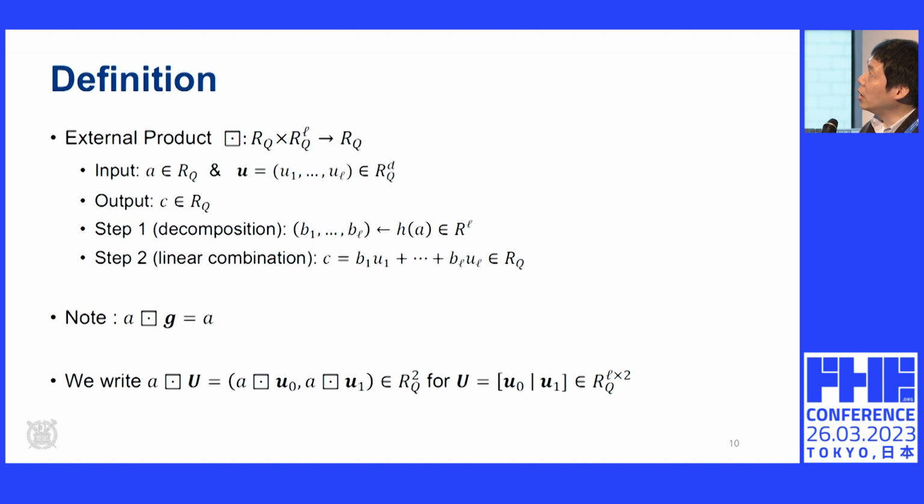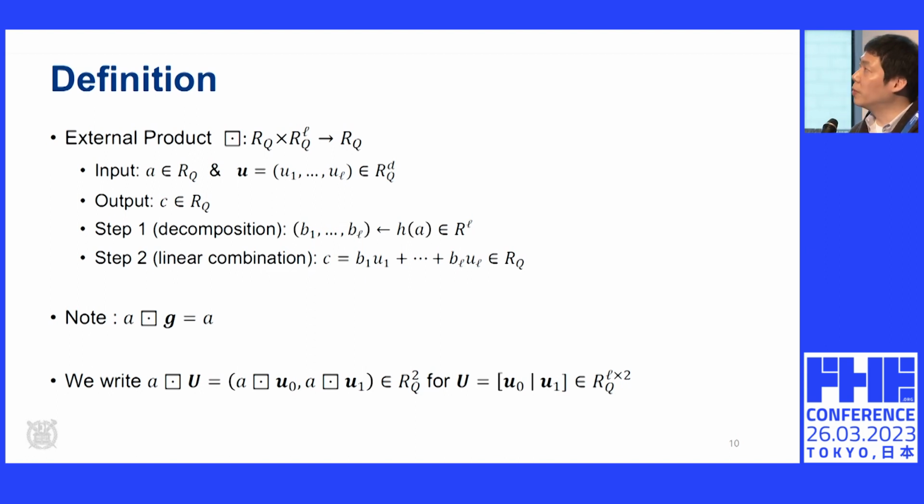We have one input A, which is often a ciphertext component in R_Q, and U, which is usually a vector of polynomials mod Q, often part of some evaluation key. It can be a linearization key or an automorphism key. The external product first decomposes this ciphertext entry into a vector of small polynomials and takes a linear combination with the U_i. This is called the external product.